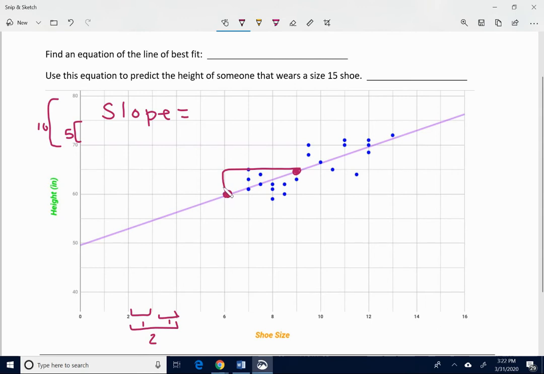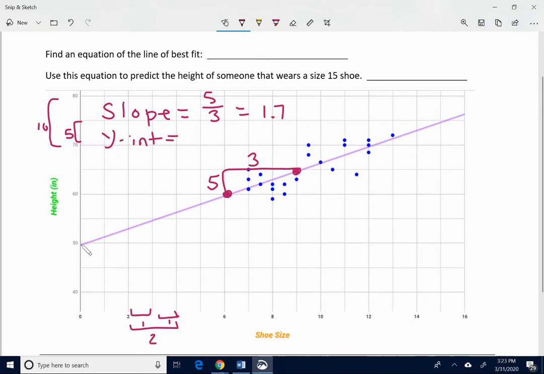So instead of going up 1/3, we're going up 5/3. So my slope is 5/3. I'm going to go ahead and round that to 1.7. My y-intercept is where the best fit line crosses the y-axis. Here's my y-axis.